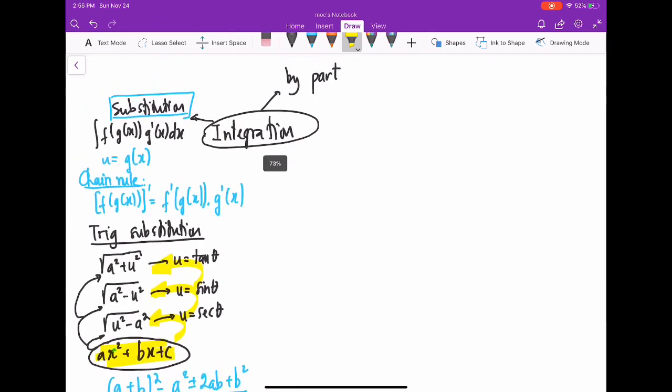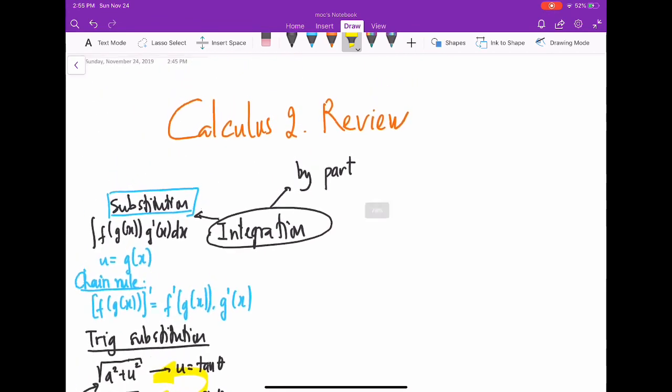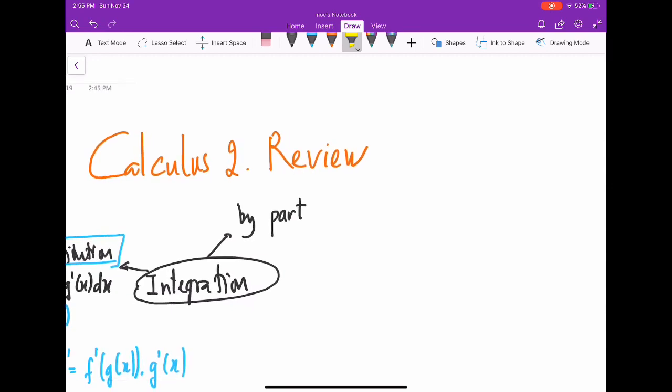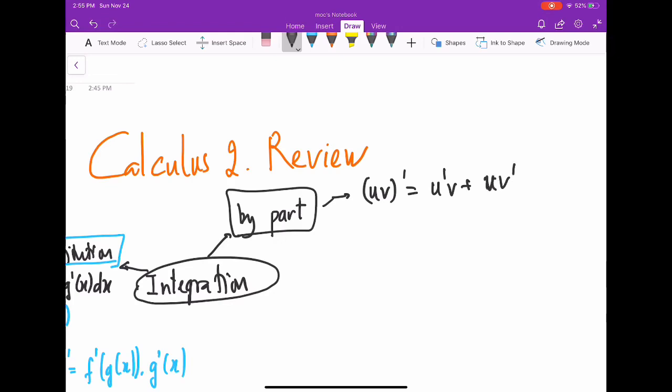Besides substitution, let's talk about integration by part. Integration by part is some kind of inverse of the product rule. The product rule says you have the product of u and v, and you differentiate that, you get u prime v plus u v prime.